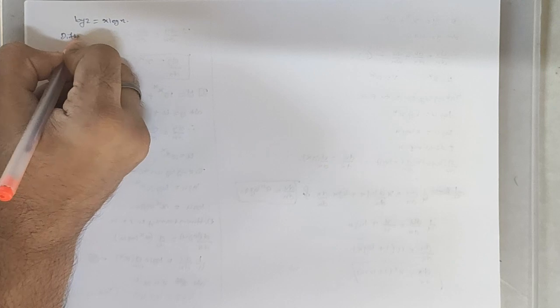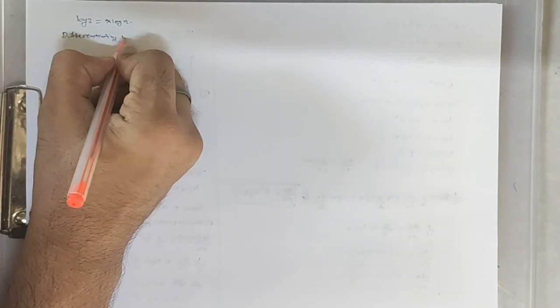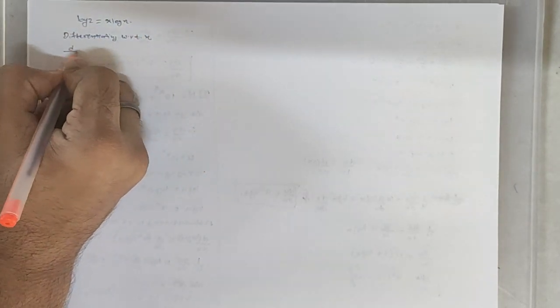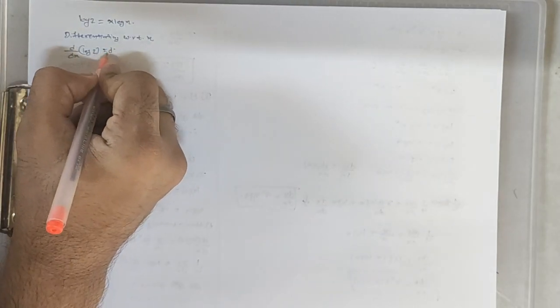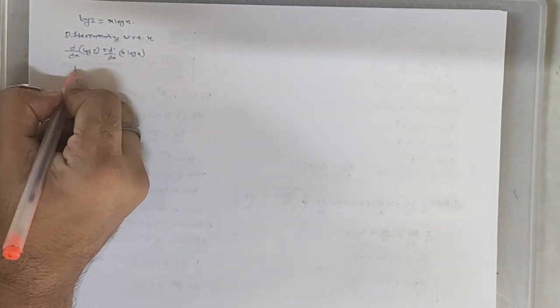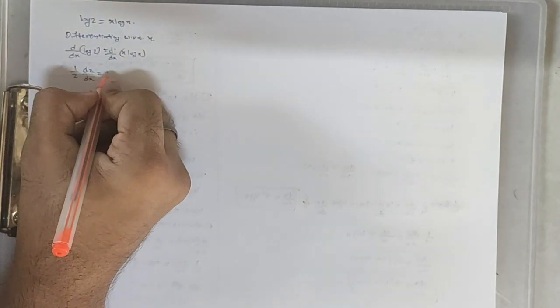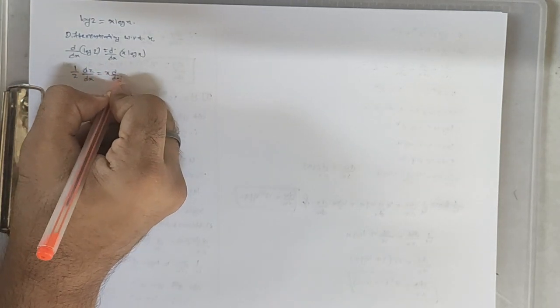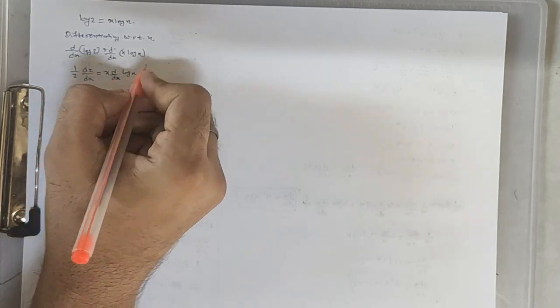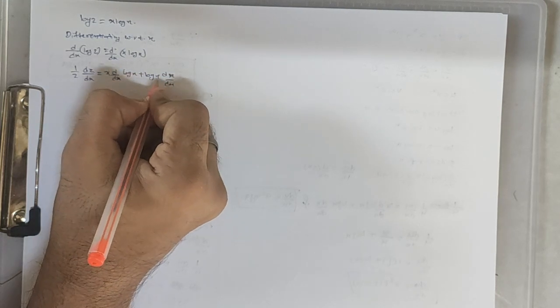Differentiating with respect to x, differentiation of log z is equal to differentiation of x log x. So this will be 1 upon z dz upon dx is equal to x into differentiation of log x plus log x into differentiation of x with respect to x.